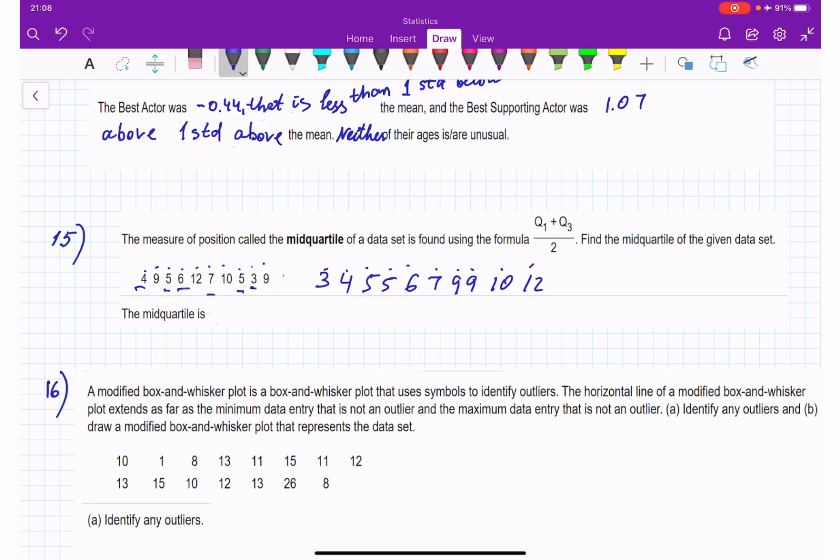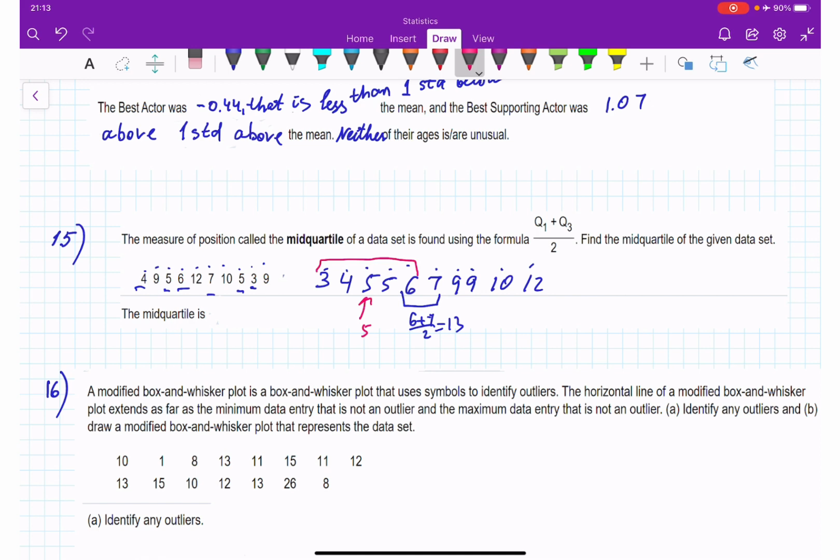All right, so for the mid-quartile, we need to find Q1 and Q3. We have 10 numbers, which means to find the quartiles, we need to find Q2 first, between the 5th and 6th. Then the first quartile is going to be 5, right?